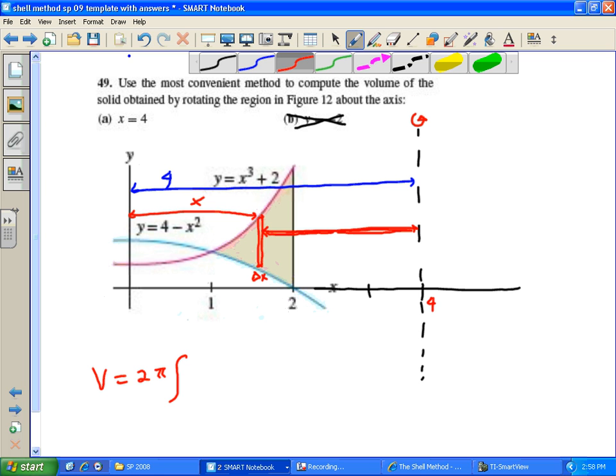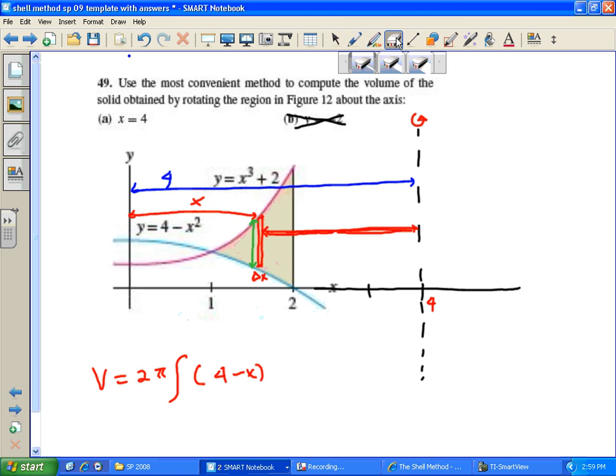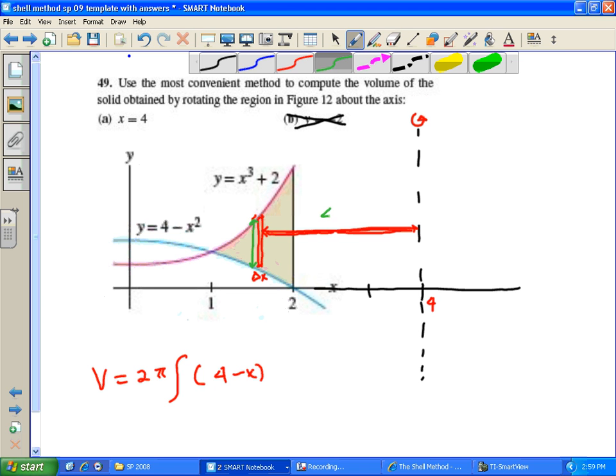That's our shell radius. And as to the shell height, that is the length of your representative rectangle. I'll get rid of those so as not to clutter the picture too much. So I have shell radius, which is 4 minus x, and shell height.